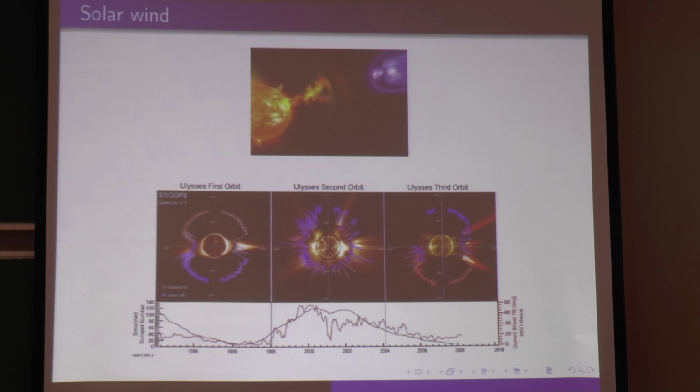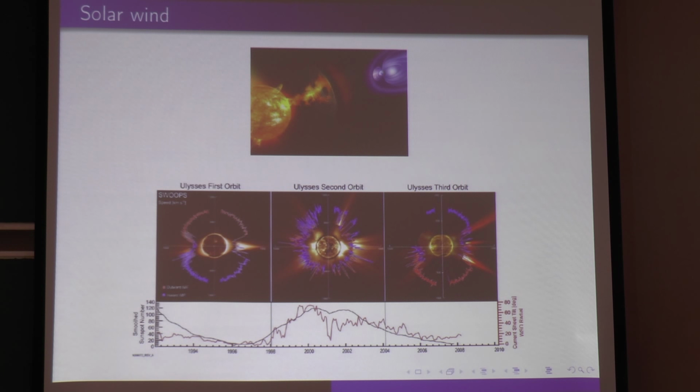A few words about the environment. Solar wind. Solar wind is the constantly expanding solar corona, the solar atmosphere, and solar wind is supersonic, with respect to the speed of sound, in the interplanetary space, in the heliosphere.